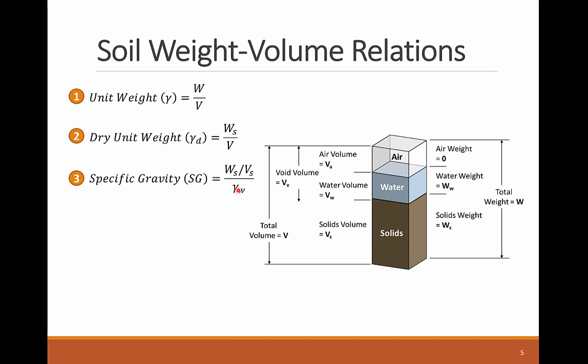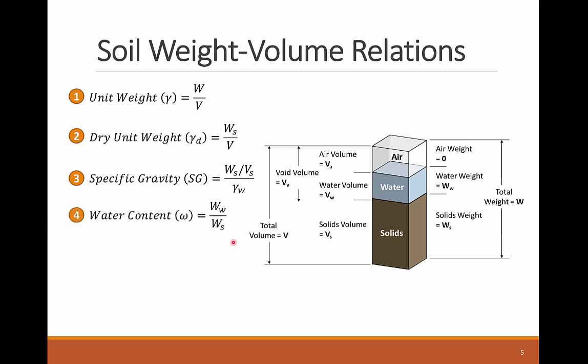The solids density equals the ratio of the weight and volume of the solids part, WS over VS. The water density, gamma W, is a standard value that is dependent on the surrounding temperature. For example, at 39 degrees Fahrenheit, the water density equals 1 gram per cubic centimeter, or 62.424 pounds per cubic foot.